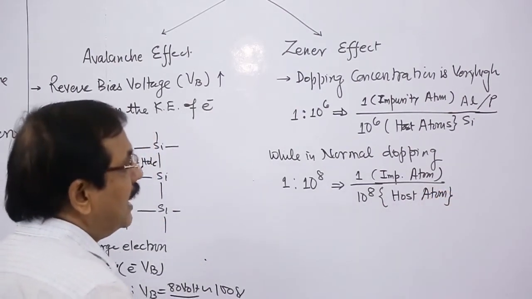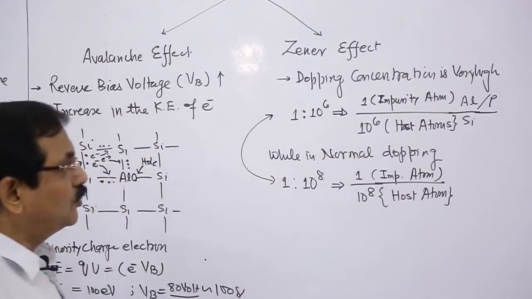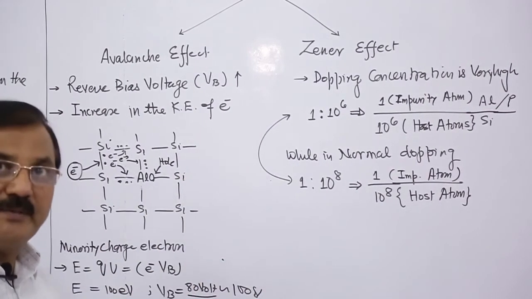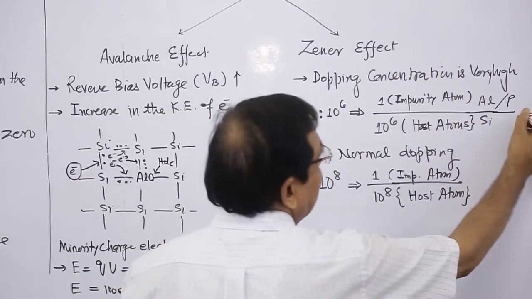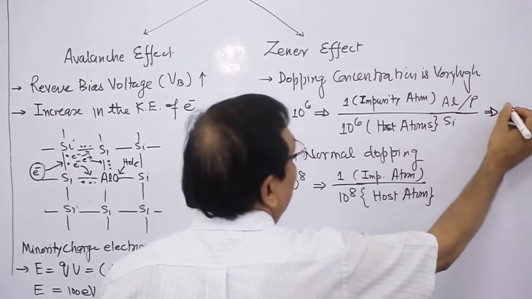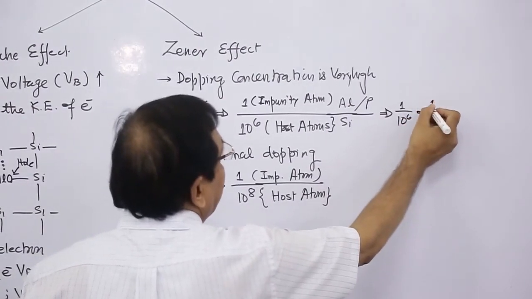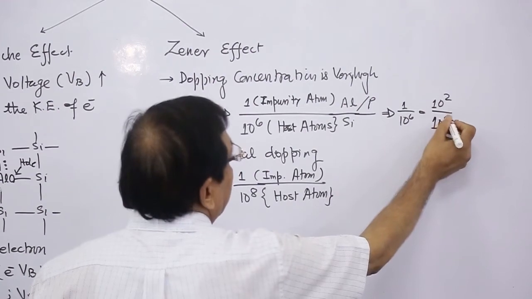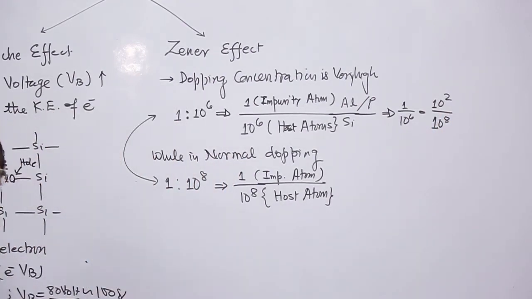So, how to compare these two data? These two data values can be compared by equalizing. How to equalize? This value 1 upon 10 to the power 6 can be written as 10 to the power 2 upon 10 to the power 8, by multiplying 10 to the power 2 in numerator as well as denominator.